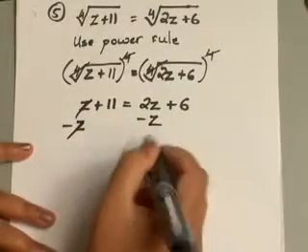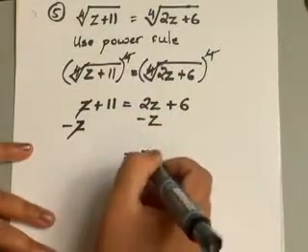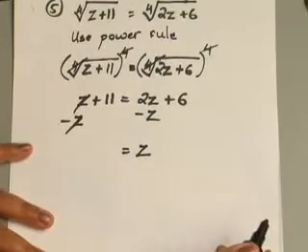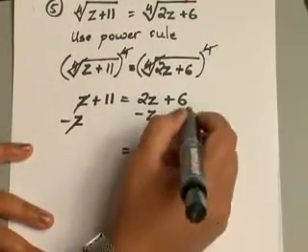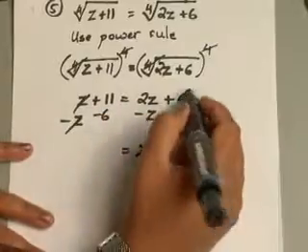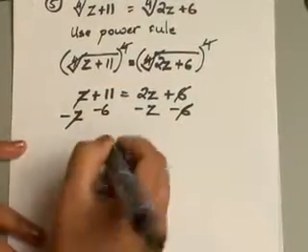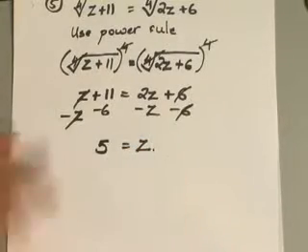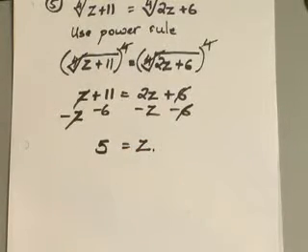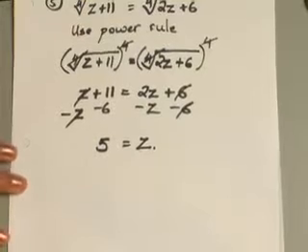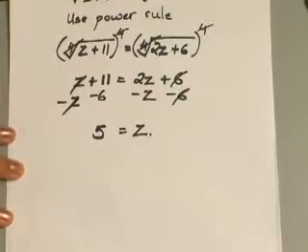So you will end up with 2z minus z, which is 1z, or just z, and we'll bring the 6 over onto this side. So you will end up with 11 minus 6, which of course will give you 5. So you can see once you got rid of the radicals, you came up to the solution pretty quick here.